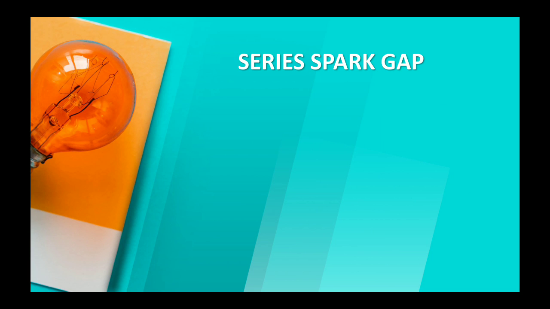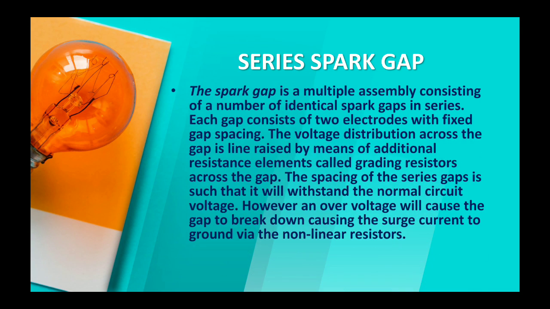Now the first one is the series spark gap. The spark gap is a multiple assembly consisting of a number of identical spark gaps in series. Identical means the same type of spark gaps are connected in series.